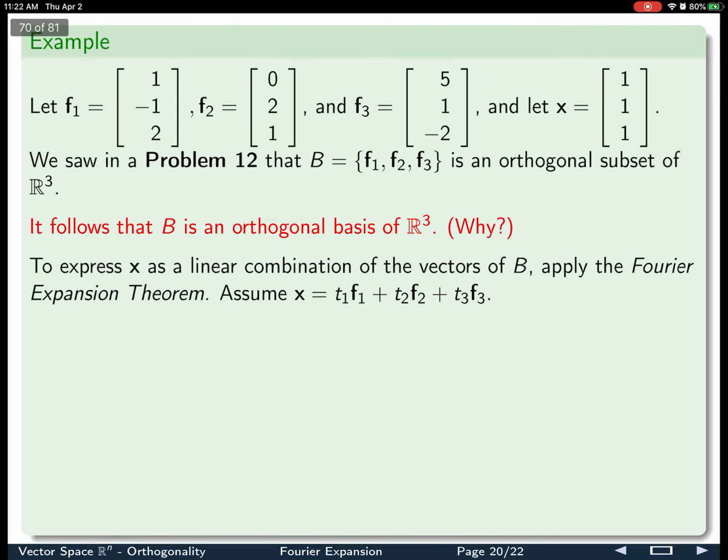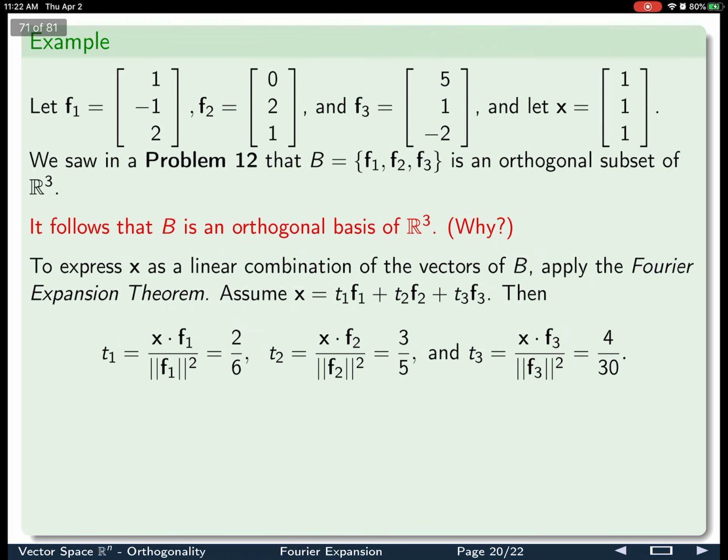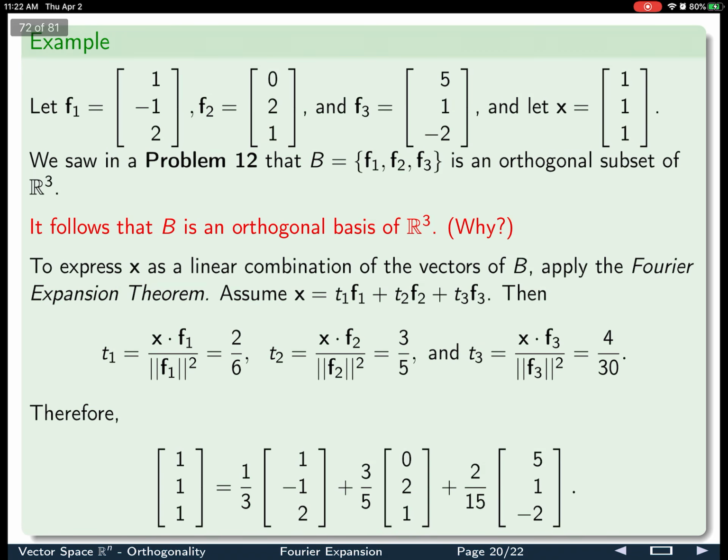What we're going to do is project x onto all of these basis vectors. So there's a bunch of projection coefficients. These are all the Fourier coefficients. And then this is what the linear combination looks like.